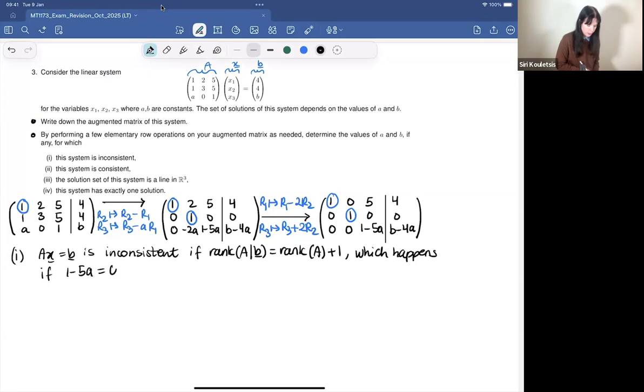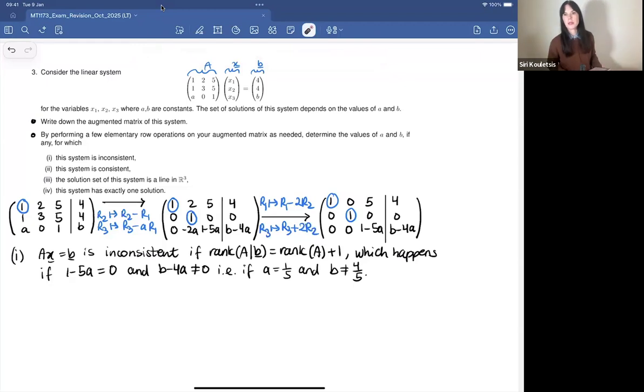Well, if 1 minus 5a is 0, and b minus 4a is not 0, which is the same as saying if a equals 1/5 and b is not equal to 4/5, well then the system is inconsistent.